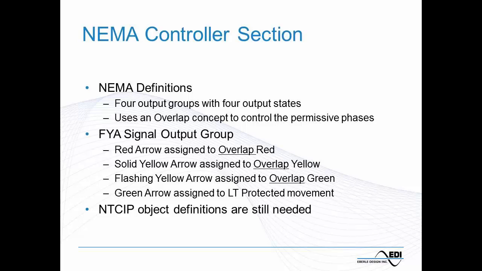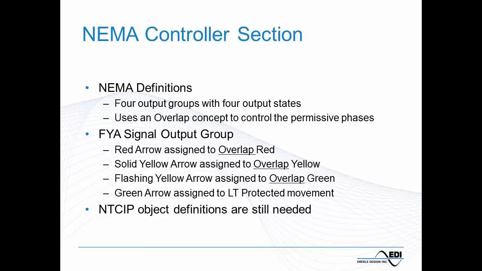So now we have a red arrow, a solid yellow arrow, a flashing yellow arrow, and a solid green arrow. So now an output group for a phase will be 4 states. Again, it's based on the overlap concept when you're programming the controller for the permissive phases, permissive left turn phases.